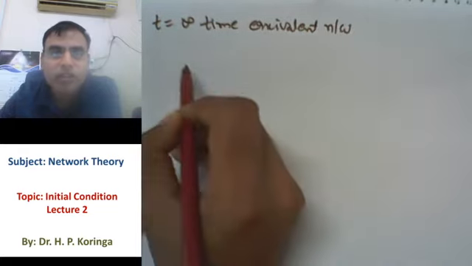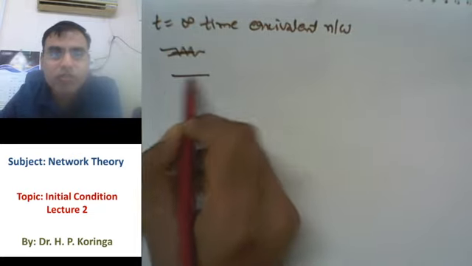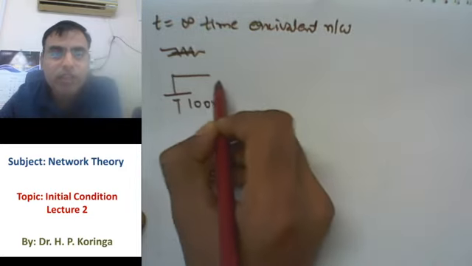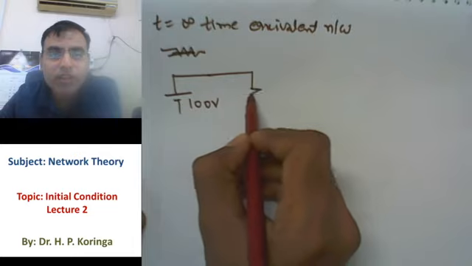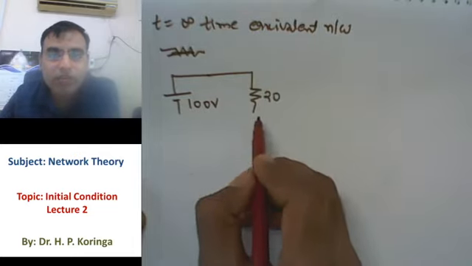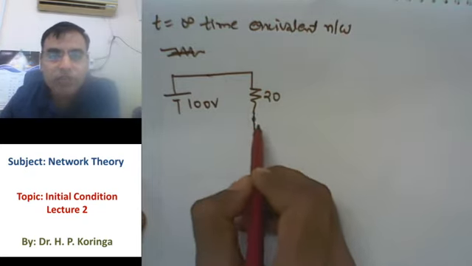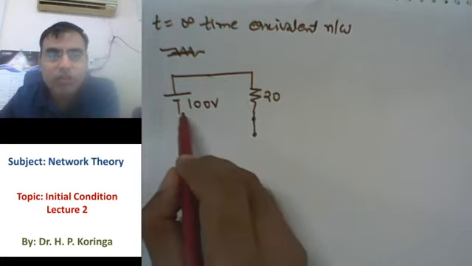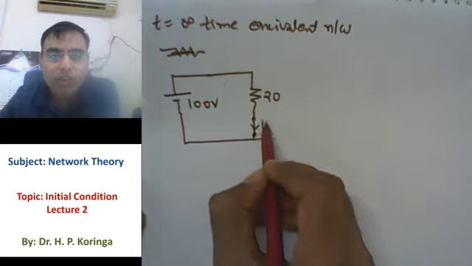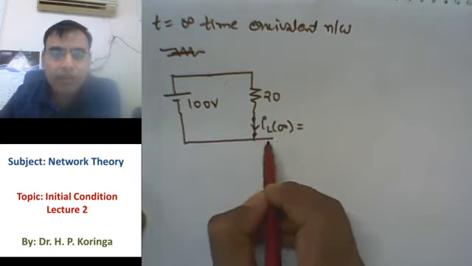So at t is equal to infinite, switches work as a closed switch, so it bypasses the R1 resistance, it is shorted. Here we have the I1, here is the 20 ohm, and the inductor at t is equal to infinite works as a short circuit, and whatever this current is, it is IL of infinite, right?